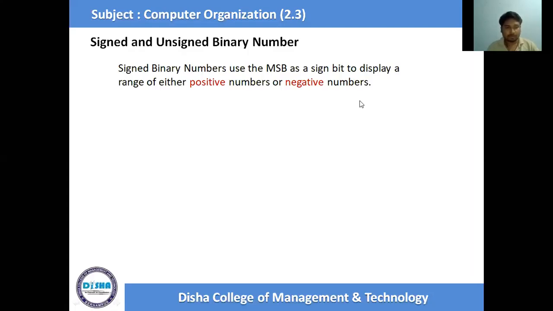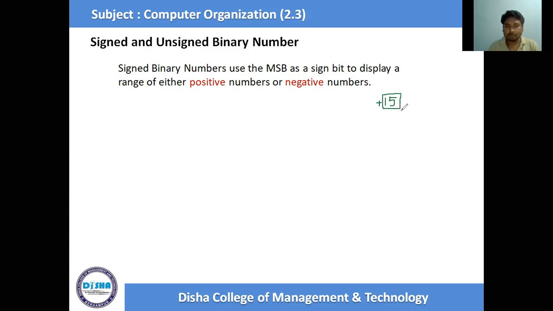You know that there are signed and unsigned numbers in decimal values. When we don't use any sign or symbol, that is called an unsigned number. If you use a sign, that is called a signed number. For example, suppose 15. 15 is a decimal number. If I write 15, it means it is a positive number. If I skip the plus symbol here, I can still say it is a positive number.